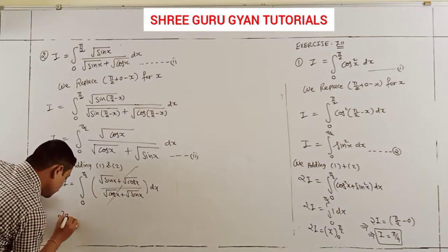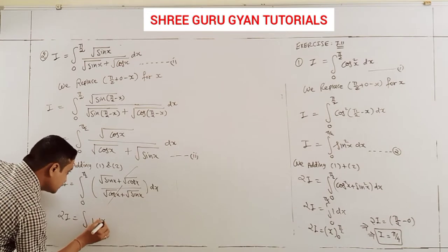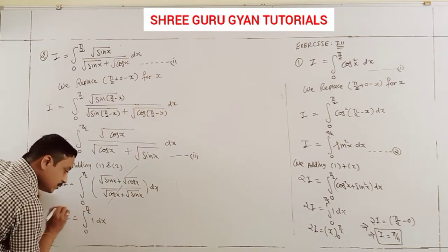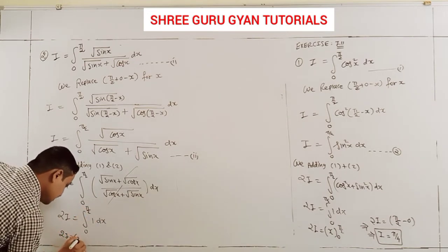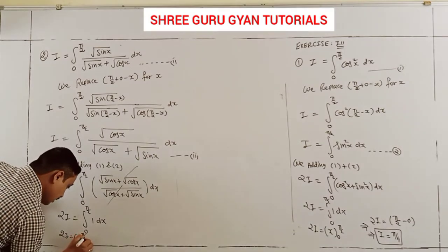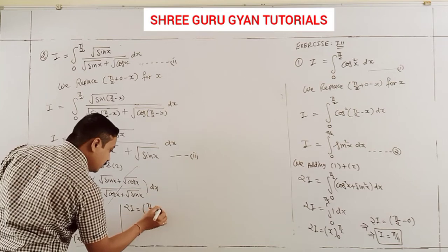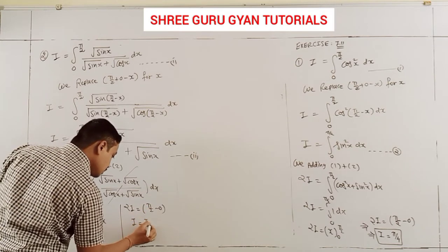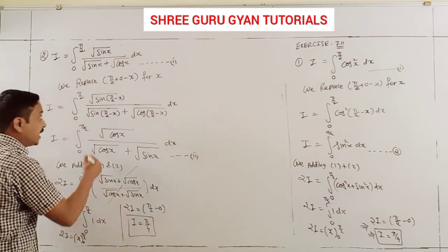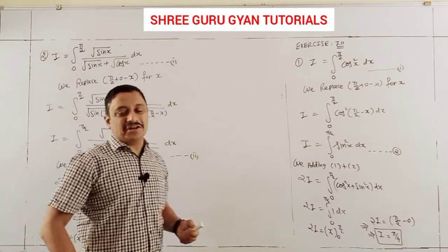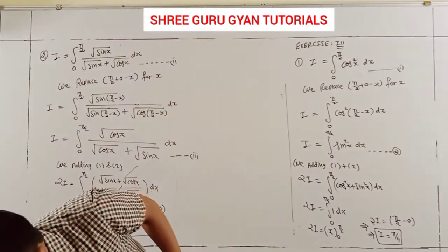So my answer 2I is the integral of 1 dx, 0 to pi by 2. So students, 2I is x from 0 to pi by 2. So my answer is finally done: pi by 2 minus 0, so I is pi by 4, and this is happily, easily done. Now continue, students, to question number 3.